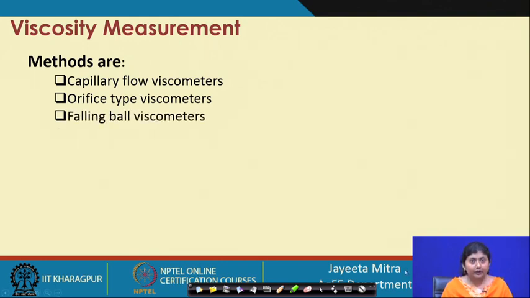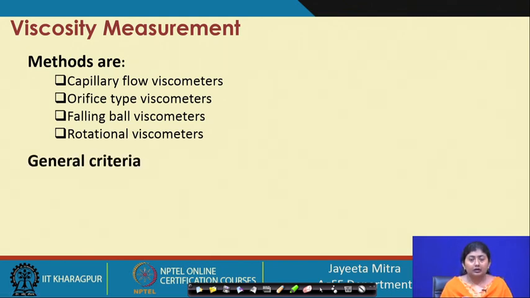Third one is the falling ball viscometer. Fourth is the rotational viscometer. Under the rotational viscometer there are different kinds of geometry in use, and all the methods under the rotational viscometer work on a similar principle. However, there are certain differences in the geometries.